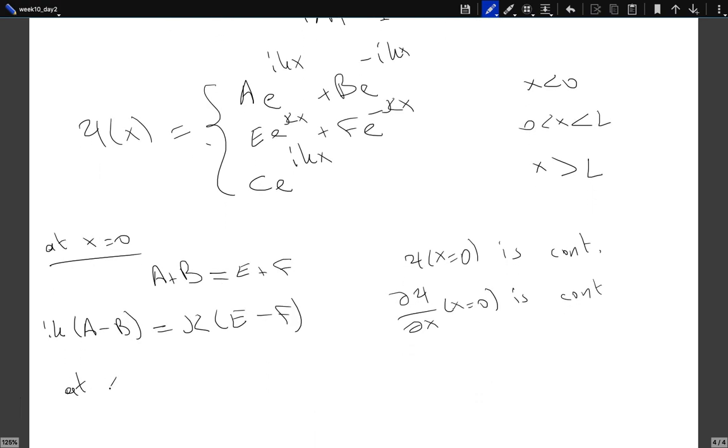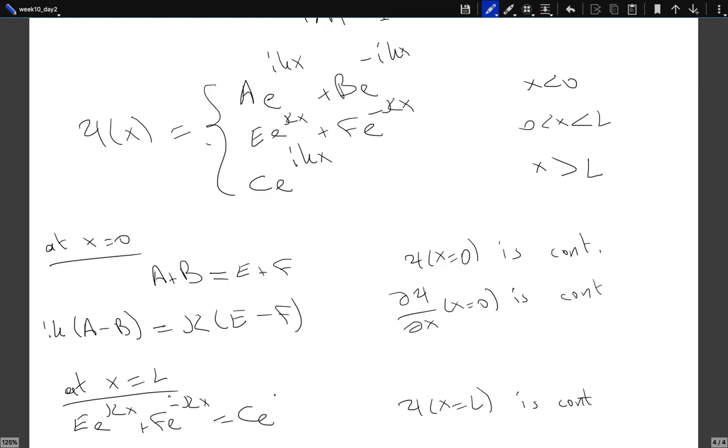And then we have also at x equal to L, psi of x should be continuous. So A times e to the power ikL plus B times e to the power minus ikL. No, sorry, this is wrong. At x equal to L, we have E times e to the power kappa x plus F times e to the power minus kappa x.